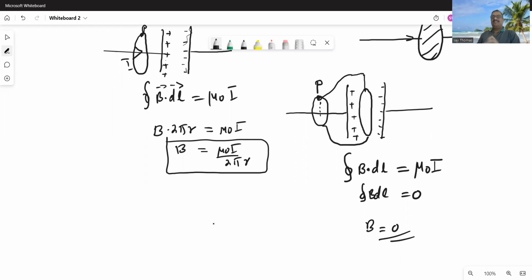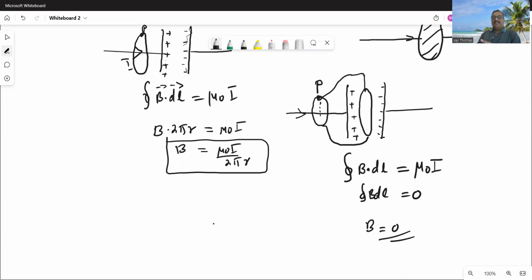But there is a current there. That current is not the conduction current through the wire. There is a current between the capacitor plates due to the varying electric field. We did not consider that current. That is why it is coming zero.